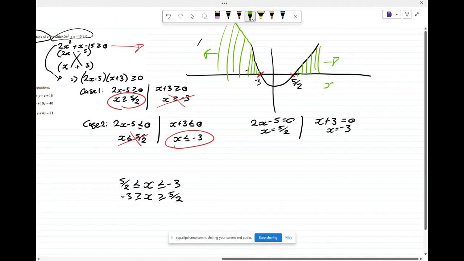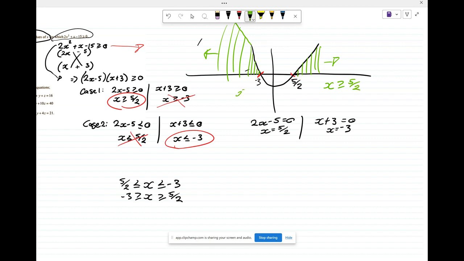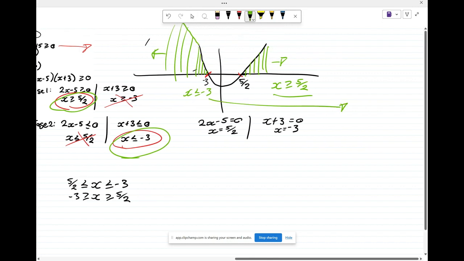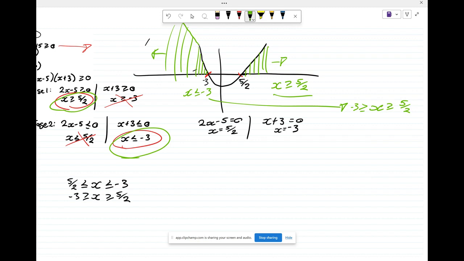So we want x greater than or equal to 5/2 and x less than or equal to minus 3. And you can see that's exactly what we have here. And so when we combine these, we'll get the exact same. We'll get x greater than or equal to 5/2 or x less than or equal to minus 3.